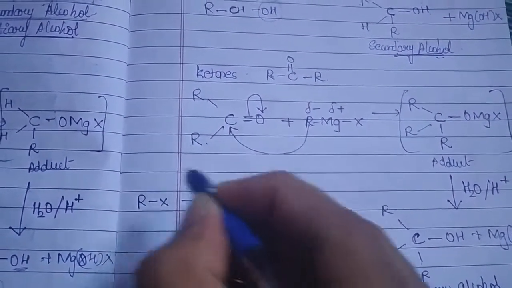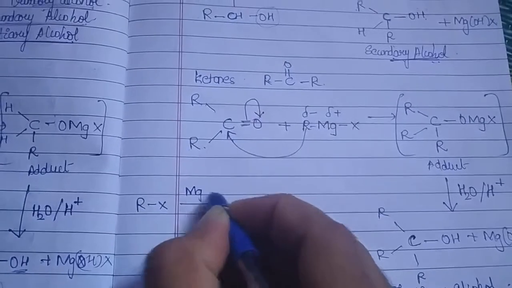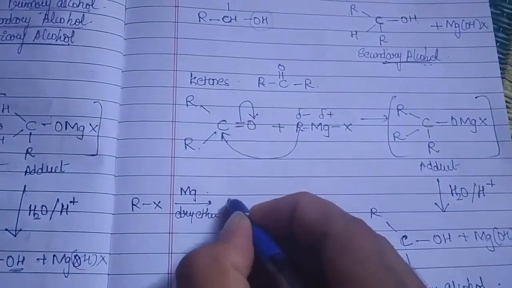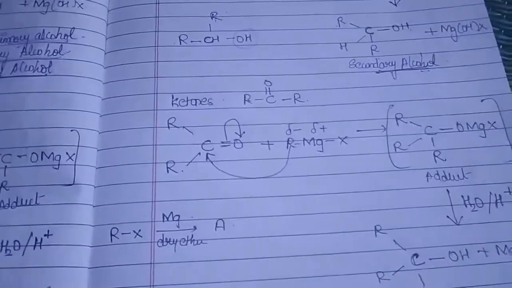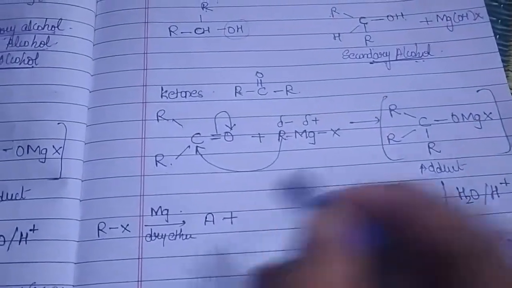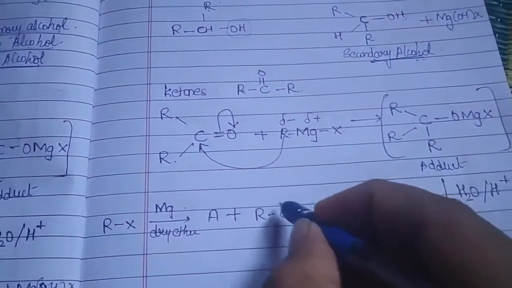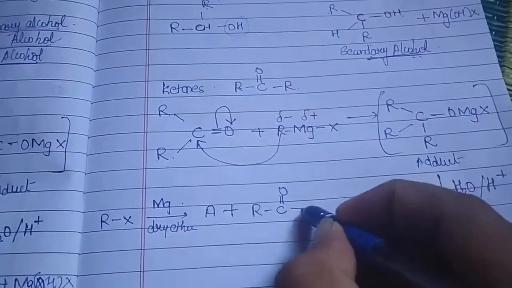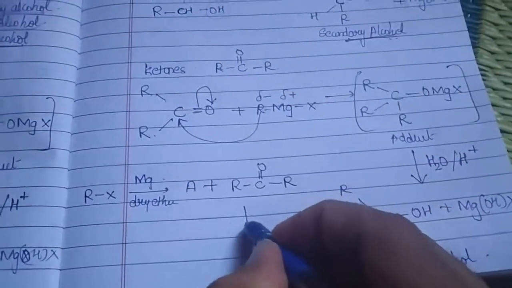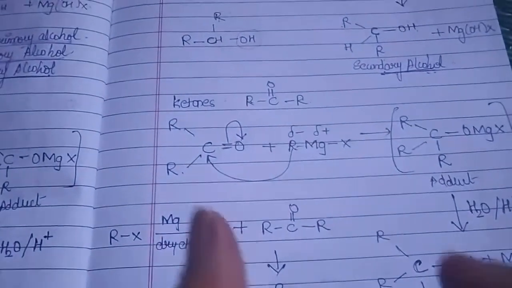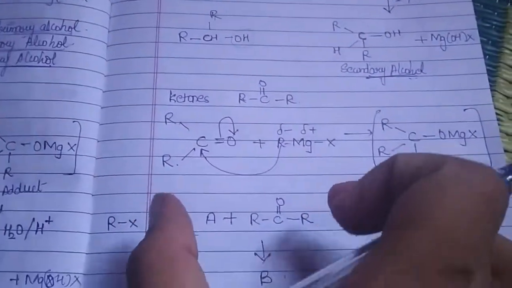RX in the presence of Mg and dry ether, you will get a product A. When that product A is reacted with R-C double bond O-R, identify the product B. So what you can observe here is that we have utilized two important concepts.